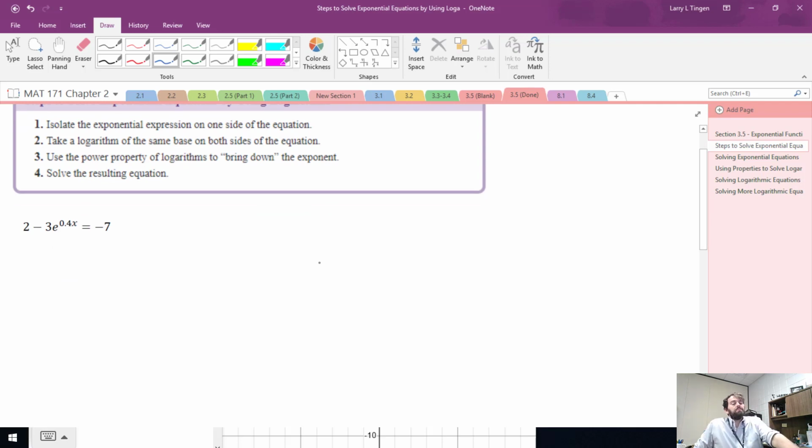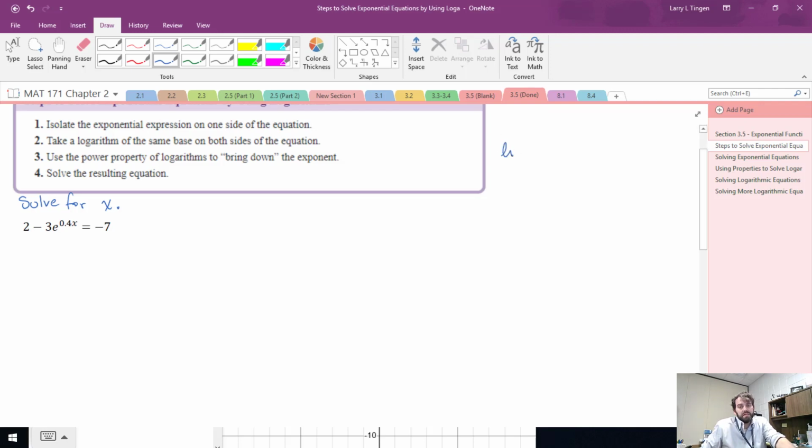Here's the first step. What is the goal? The goal is to solve for x. X is currently in the exponent. I can't do anything with it until I get it down. So the only way to get it down is to use the properties of logs. Remember the power rule?